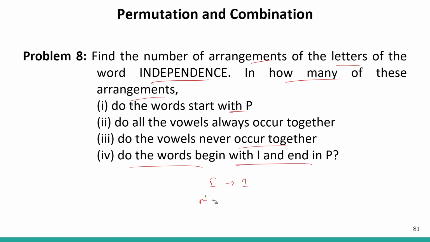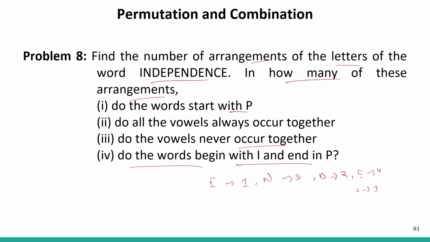N is repeated thrice, that is it occurs thrice. And D happens twice. E happens 1, 2, 3, 4, so E happens 4 times. For C, it occurs only once. So let's count the total: 1, 2, 3, 4, 5, 6, 7, 8, 9, 10, 11, 12.